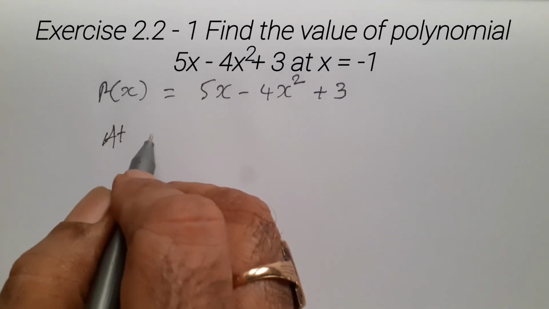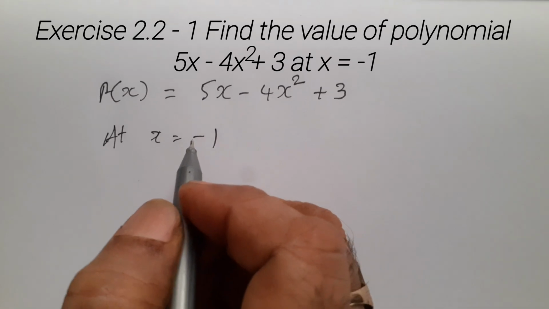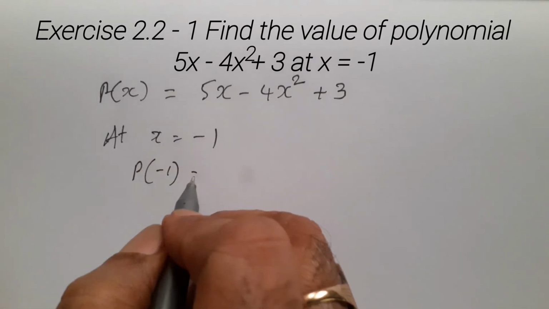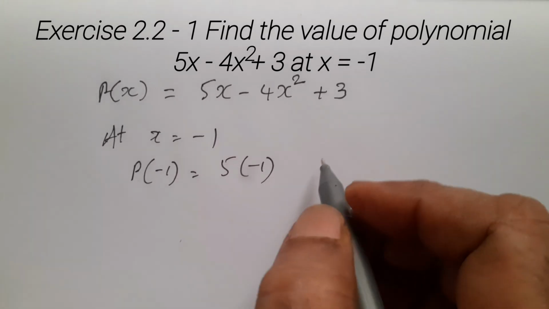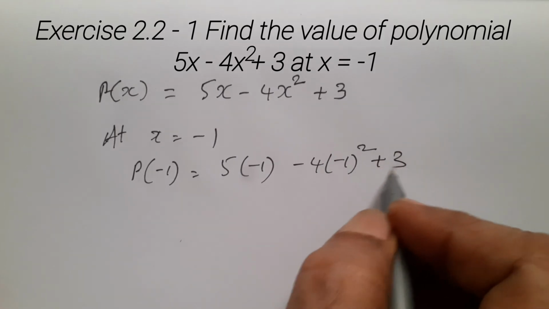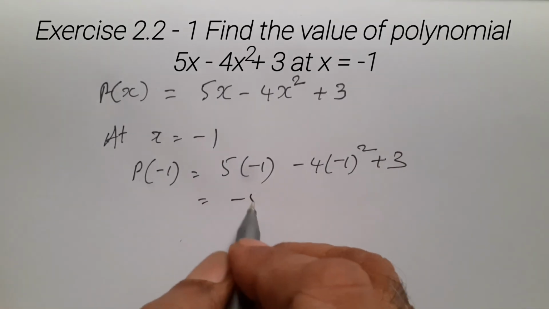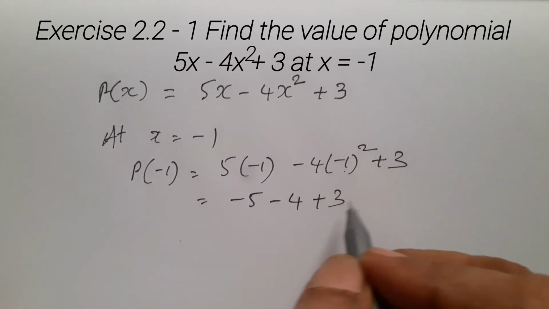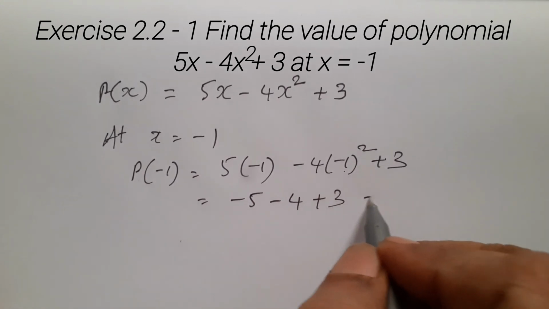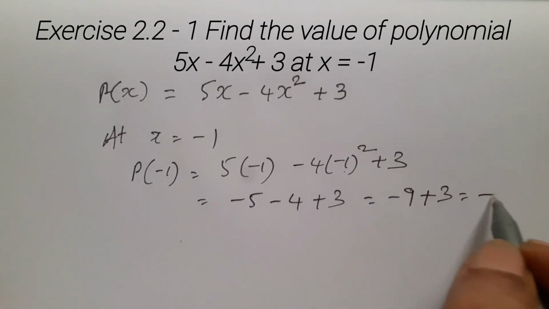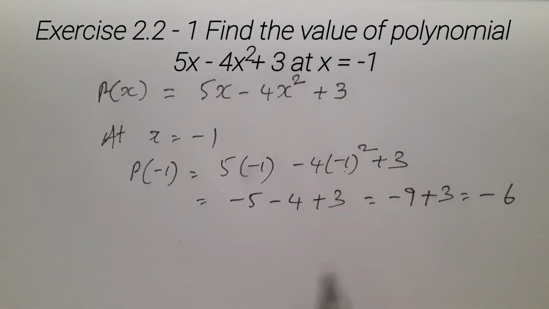So x is replaced by minus 1. P of minus 1 equal to 5 into minus 1 minus 4 into minus 1 square plus 3. So 5 into minus 1 is minus 5, here plus 1, minus 4, plus 3. Then we get minus 4, minus 5, minus 9 plus 3. Now we get minus 6. So the value of this polynomial is minus 6.